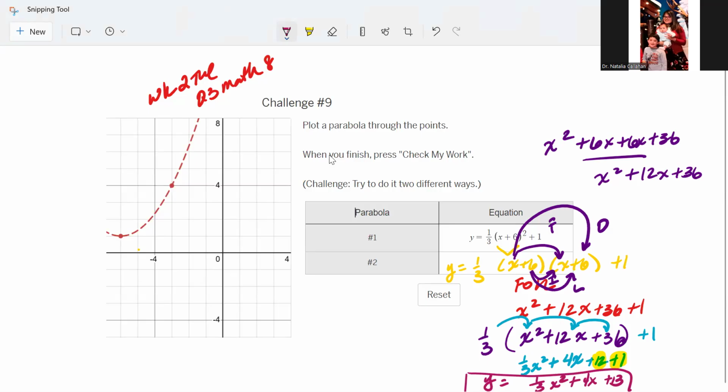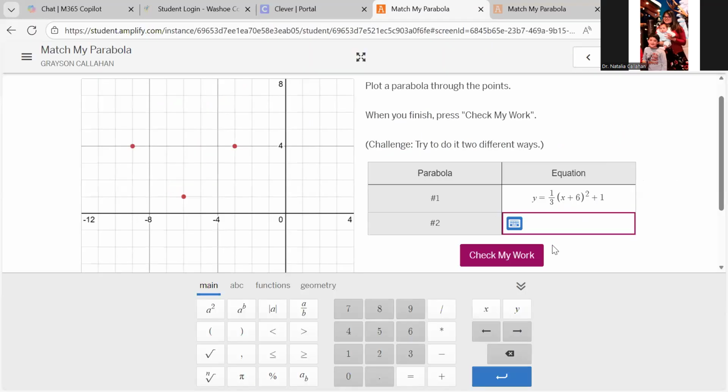So this question right here on decimals asks you for another way of writing this, right? So it's going to be y is equal to, what's the next one?